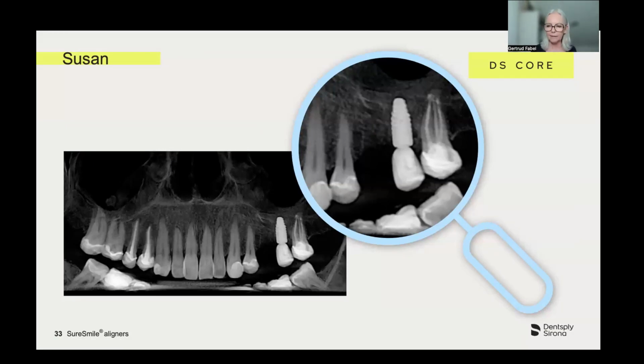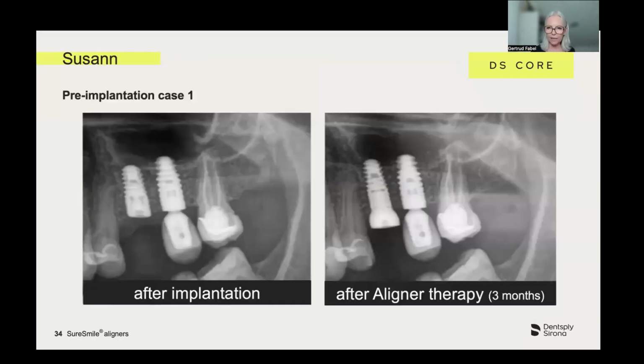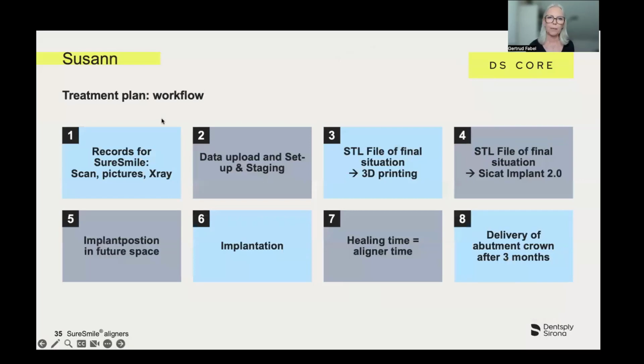designed in advance, which means we started the implantation. The healing time would be the time where the patient was wearing the aligner, and after having finished the aligner treatment, we would set the attachment. So this is how it works. We start the records, have the data upload and setup and staging.